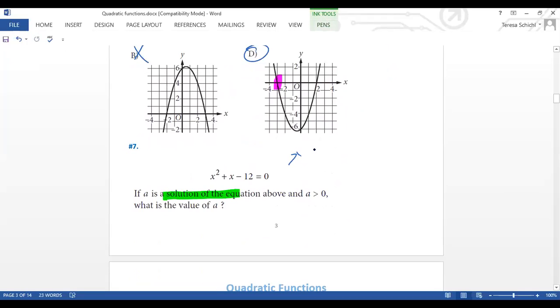I know x squared plus x minus 12 can factor to x plus 4 and x minus what? x minus 3 equals 0, right? So I set the first one equal to 0 and the second one equal to 0. So x equals -4 and x equals 3. And they tell me a has to be greater than 0. So what is the value of a? a has to be equal to 3. So far so good? Okay.